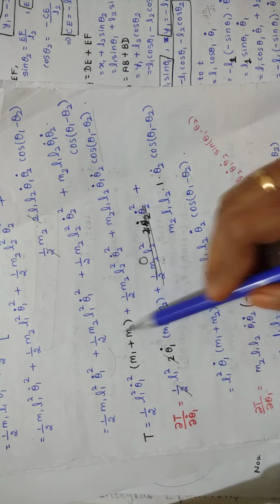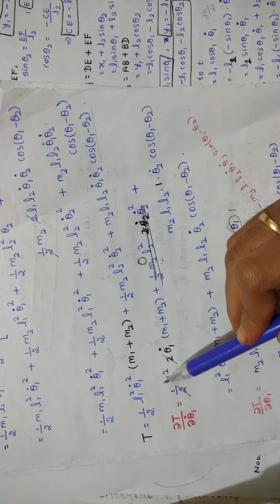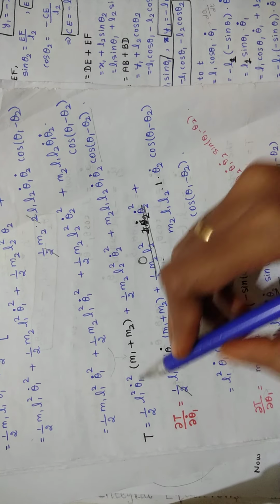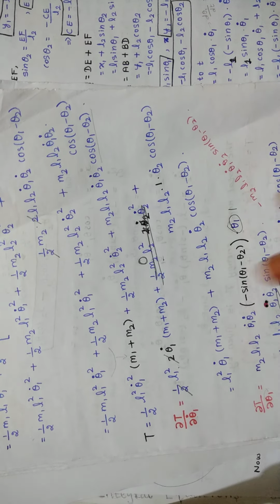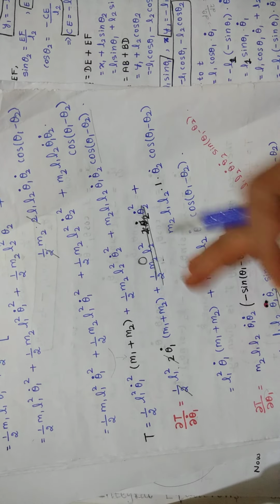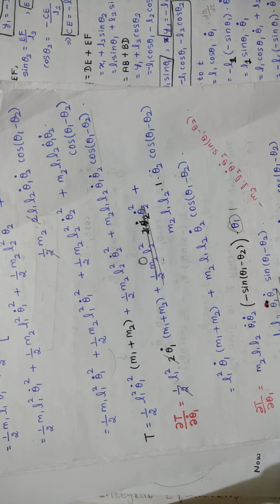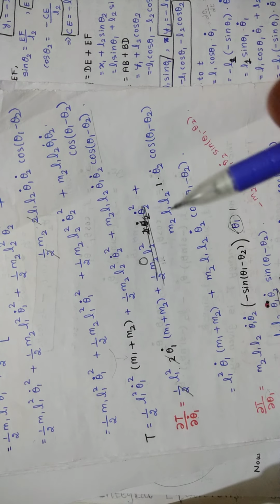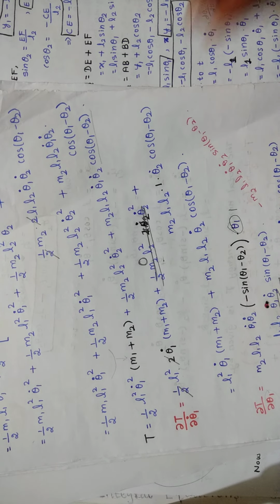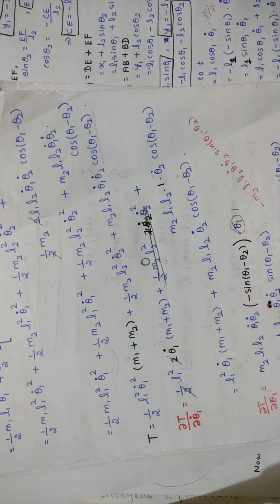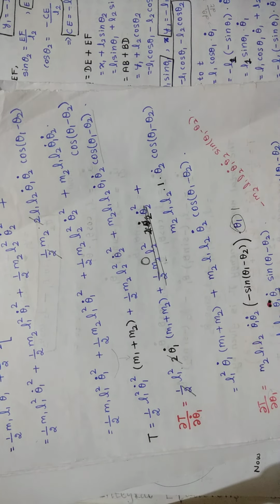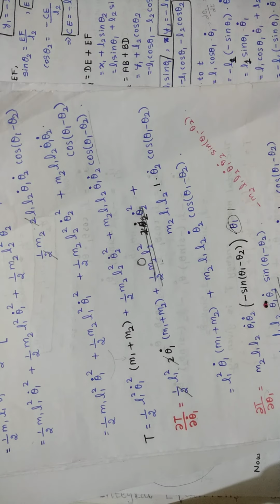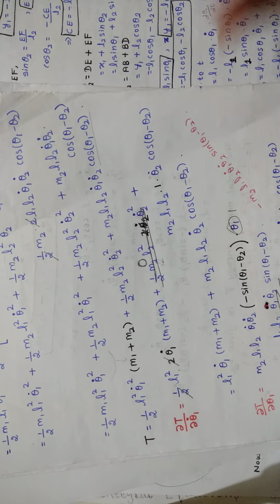Here in the first term, you are partially differentiating this with respect to theta 1 dot square. Sorry, my concentration got diverted for a second, and at that second I committed a mistake. So when doing these kinds of problems, your concentration should not get diverted even for a second.